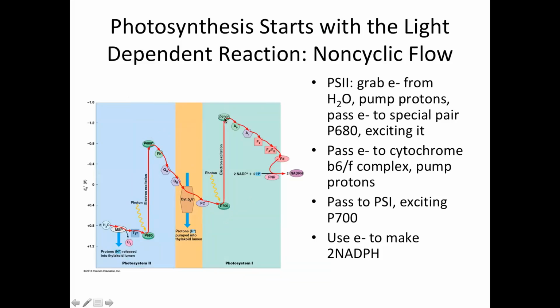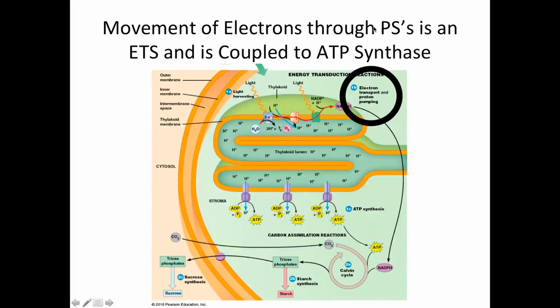Now, those electrons can then flow through and will eventually be transferred to reduce NADP+ to NADPH, our electron carrier. Like in the mitochondria, the movement of electrons and this proton gradient is coupled to the synthesis of ATP.